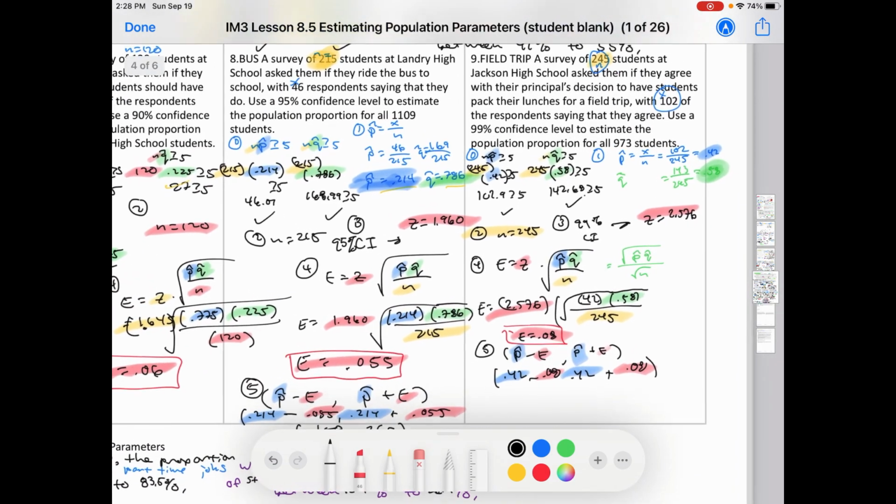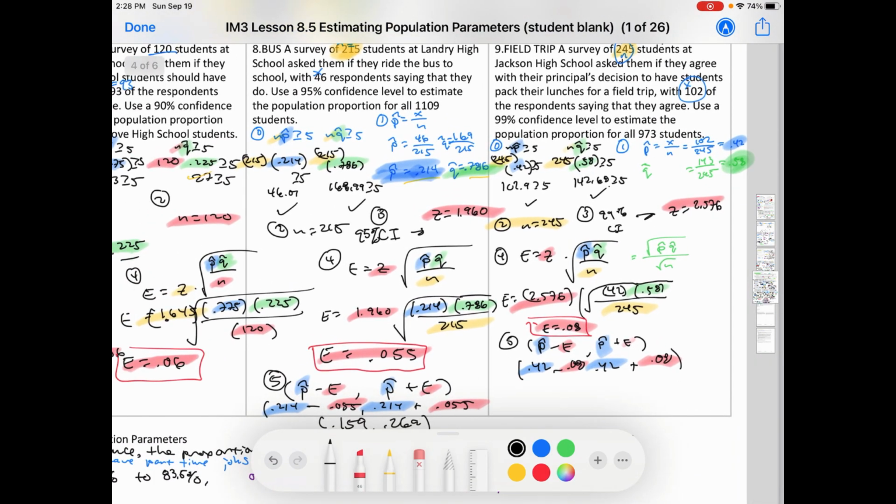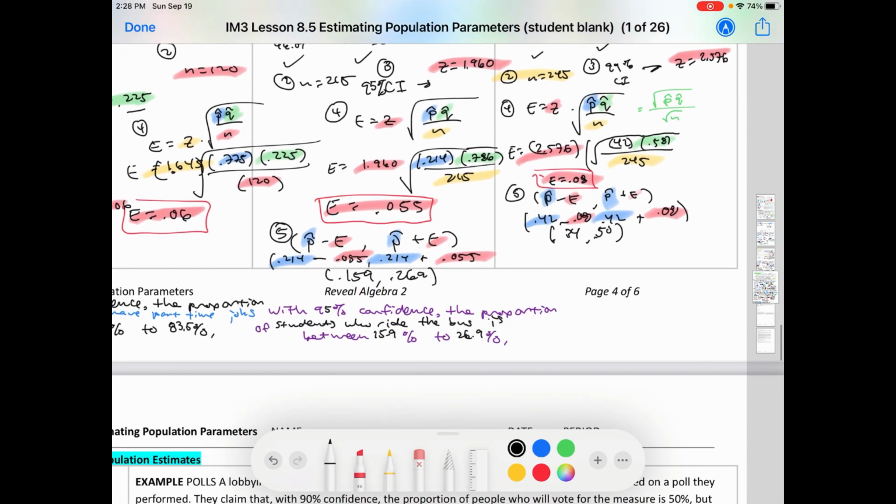And this question, number 9, then would give us 0.33. What? Let's see. 0.34 and 0.50.